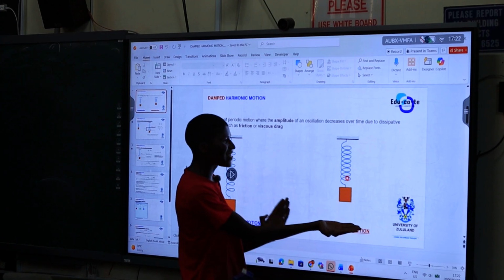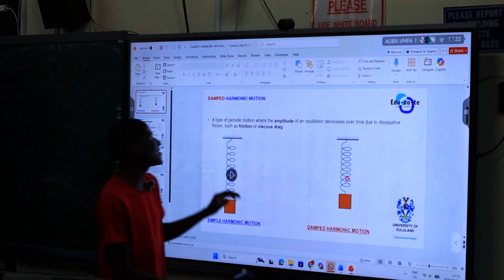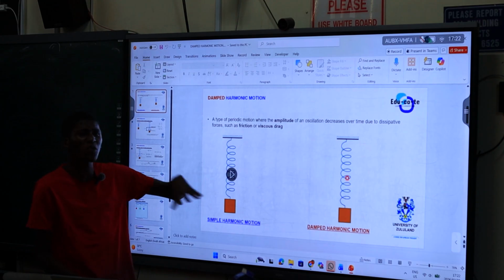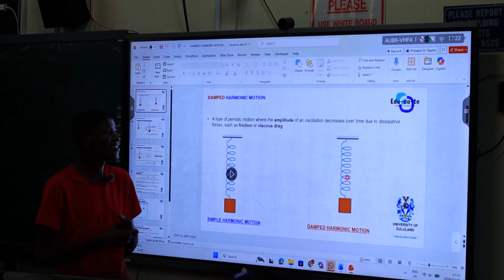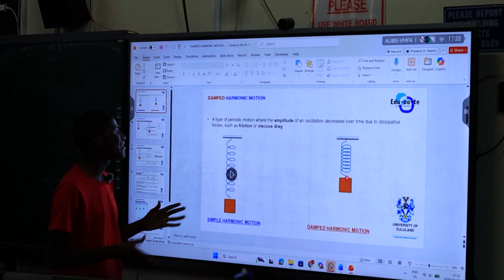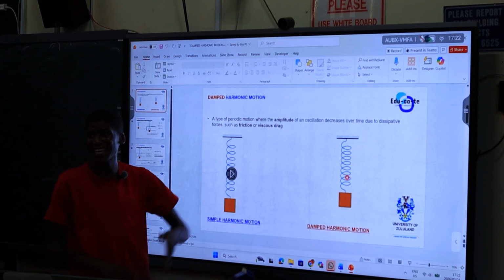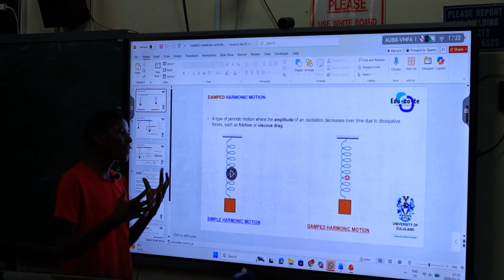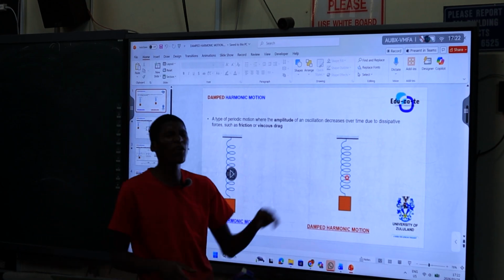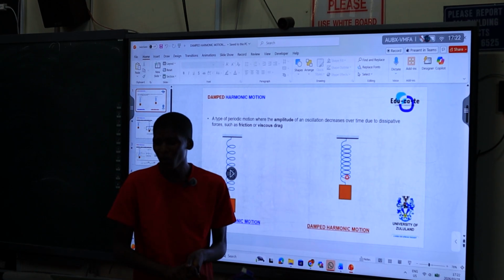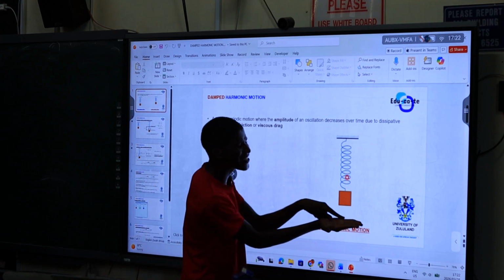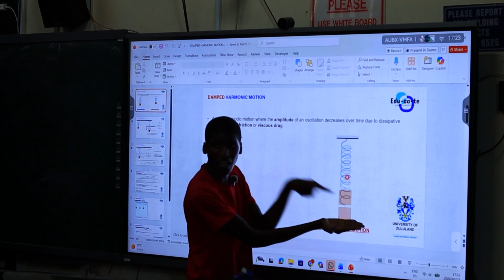So basically, damped harmonic motion is periodic motion where the amplitude of an oscillation decreases or dissipates due to forces such as friction and viscous drag. So there are other forces that can cause the object to not vibrate forever. It vibrates in such a way that it reaches this point where I'm touching it.